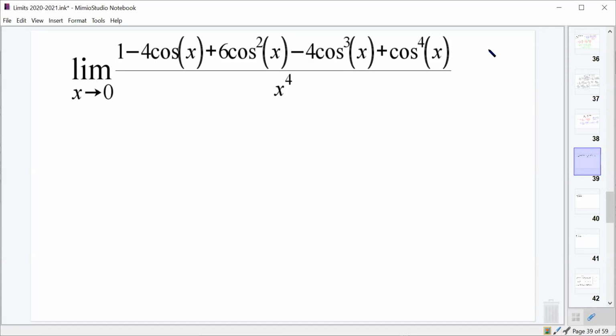No one? Maybe try and pull out the exponent. I don't know. Yeah, it's a pain, huh? It's a little bit of a mess there. Anybody notice something about, let's see here, 1, 4, 6, 4?